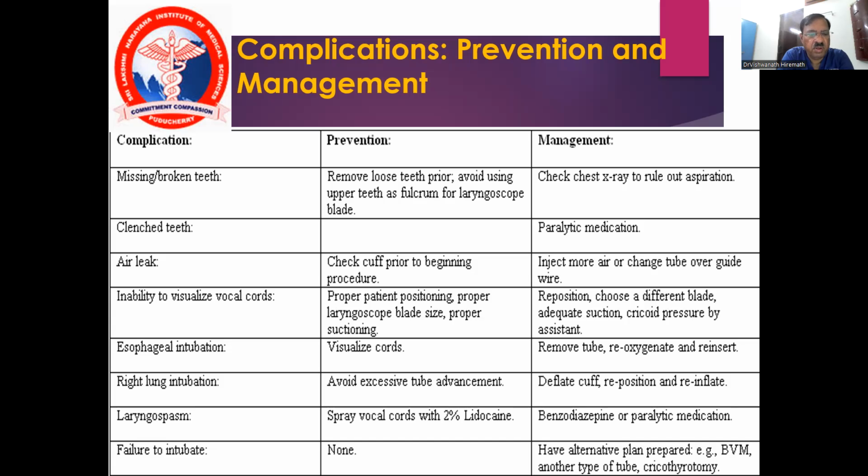If there is a right lung intubation, deflate the cuff, reposition and reinflate. For laryngospasm: benzodiazepine, paralytic agent, ventilate with the bag valve mask. Have an alternate plan prepared: bag valve mask, another type of tube, and cricothyrotomy.